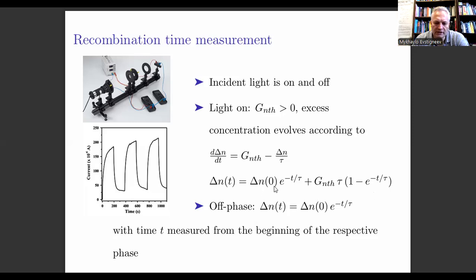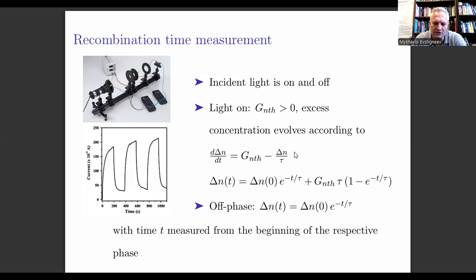So delta n naught in the first expression, when the light is on, that is, this is the on phase, the concentration of the excess charge carriers evolves in time according to this kinetic equation, and we are applying the recombination time approximation. So we have the time derivative of the excess carrier concentration is the non-thermal generation rate due to light minus the net recombination rate, which is characterized by the recombination time tau.